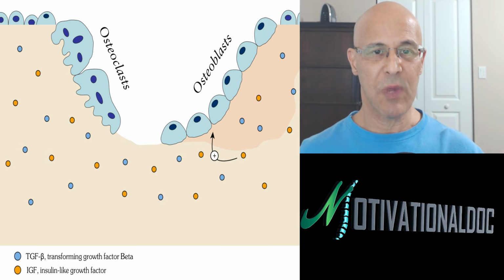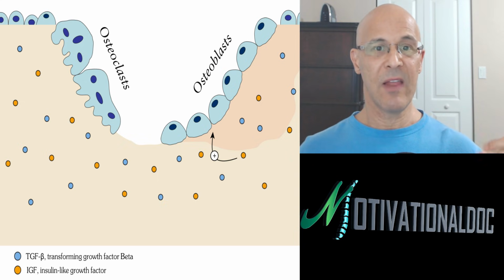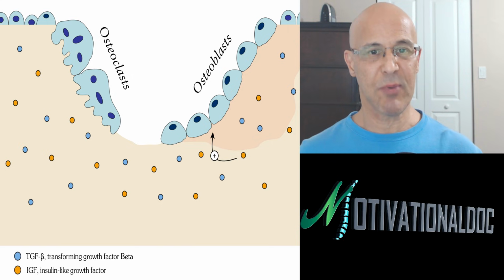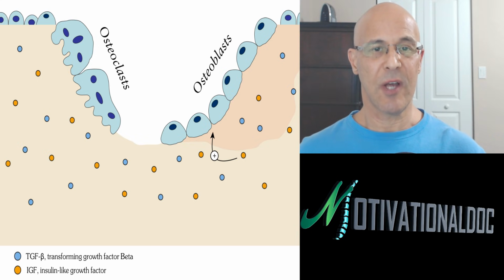But what happens is when we have too much osteoblastic activity from inflammation, irritation, or stress, injuries, poor posture, this is where we start developing spurs. Spurs is the degenerative process that causes pain because it affects the nerves.